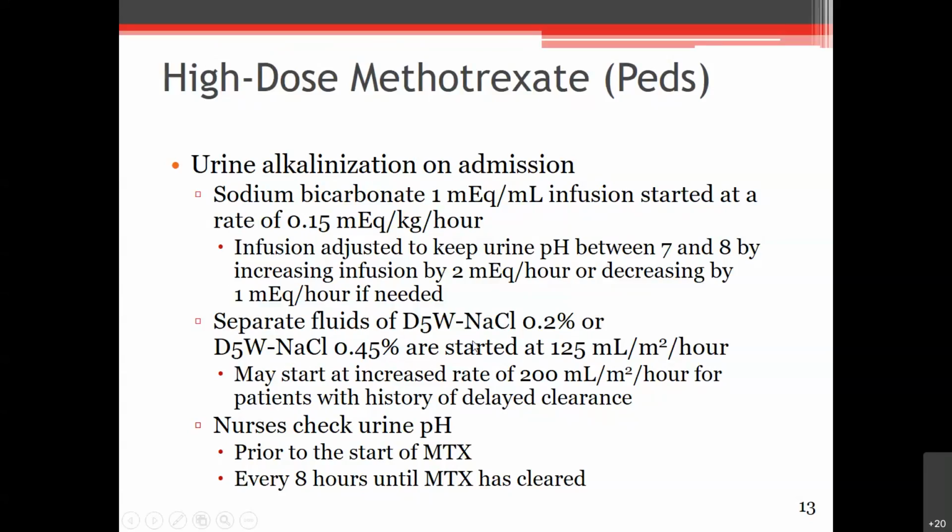And the reason that we separate the bicarb and the fluids in peds is that it makes it a lot easier to obtain the appropriate urine pH, since you can titrate these separately, since there is such a major variability in patient size in our peds population. And sometimes with our teenagers, you can see fluid rates of 400 to 500 mils per hour. So it's nice to have the bicarb separate from this. And then the checks for urine pH are going to be very similar to what we talked about for adults.